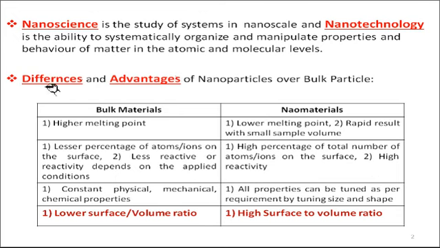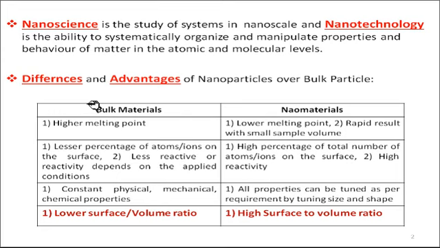In the bulk material you will have a very high volume, so if you calculate the total percentage of atoms present in the whole bulk material, then with respect to that total you will have a lesser number of atoms or ions present at the surface.